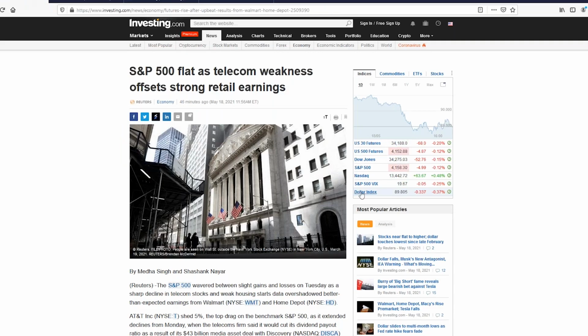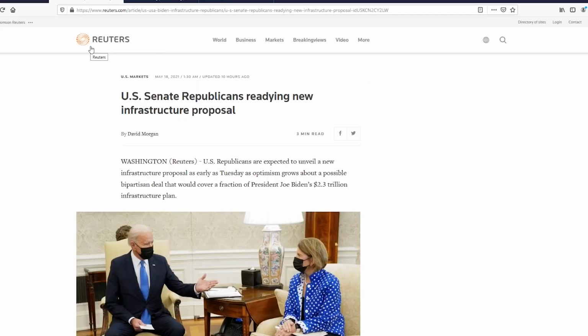And so we see the dollar index here down 0.37%. Now, that's not a huge drop in the strength of the US dollar, but overall, paired as a basket against other currencies, the US dollar certainly isn't roaring up. It isn't strengthening. It's actually weakening a bit more. So that's what we see in general on the headlines today.